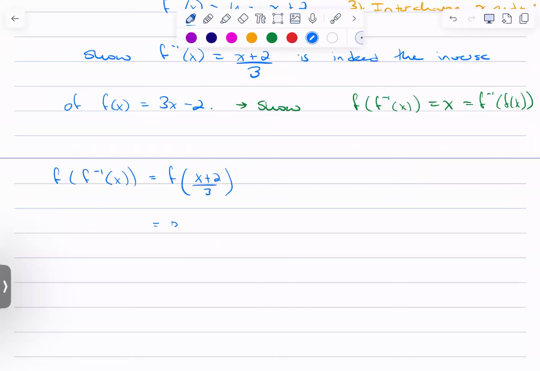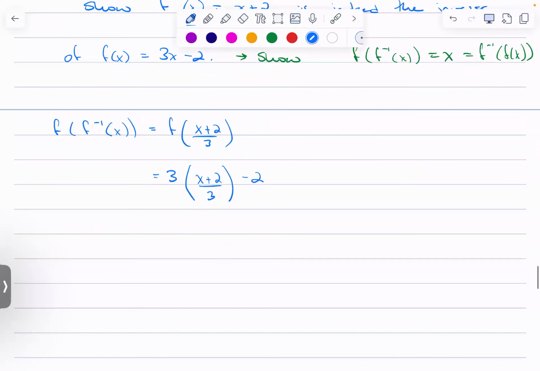And so you get 3 times x plus 2 over 3 minus 2. Things are looking up. 3 over 3 is going to cancel. So you're left with x plus 2 minus 2. Well, those two, plus 2 minus 2 cancel. That's what we were going for.